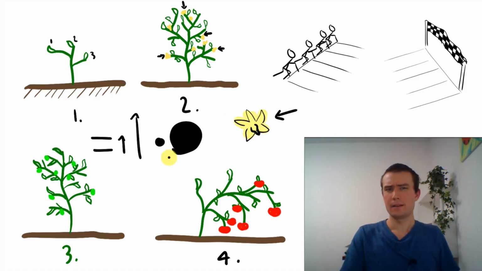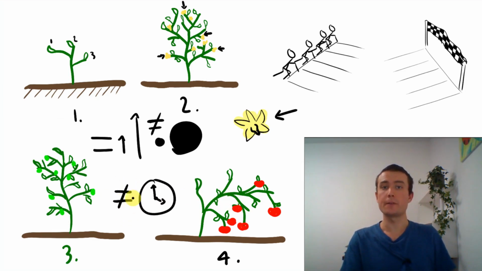How can the same plant be different? Because each drawing is at a different time. A different time. These 4 drawings are of the same plant at different times.